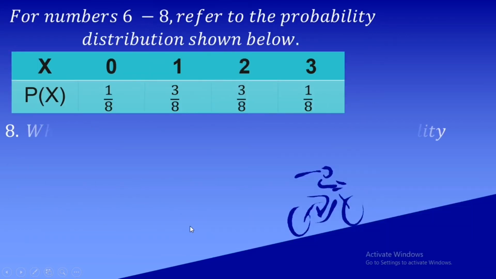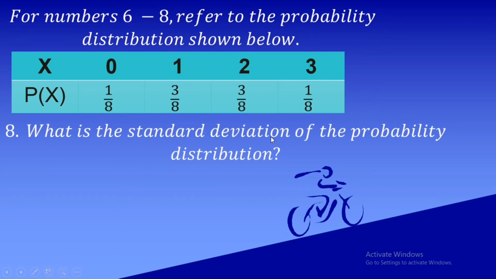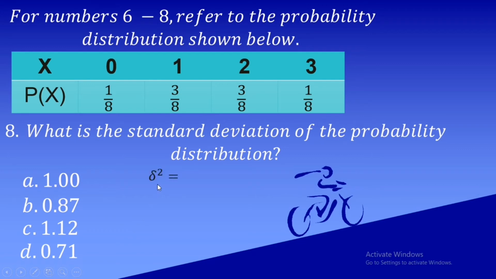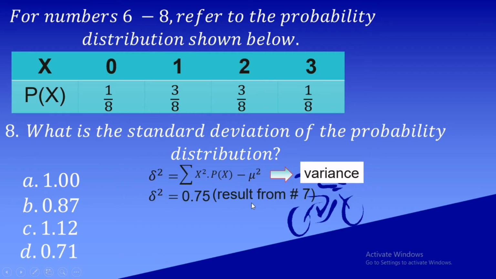For number 8, we are using the same table, but we are asking for the standard deviation. These are our choices A, B, C, and D. In finding the standard deviation, we use the variance to get the standard deviation.